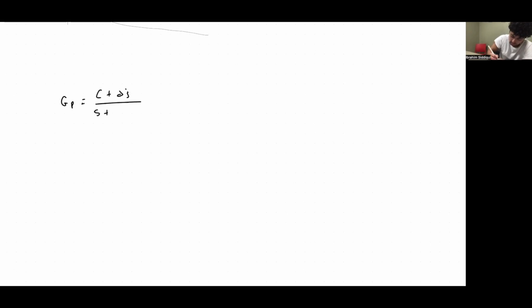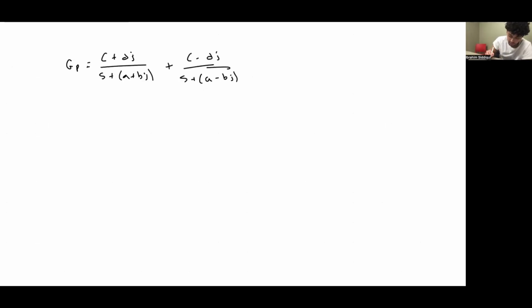Again, I did this earlier in the video. Plus C minus DJ over S plus A minus BJ. And now what we want to do is an inverse Laplace transform of this function, the transfer function of our process, to get our time domain.